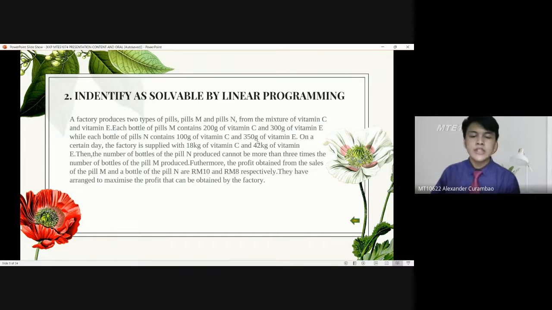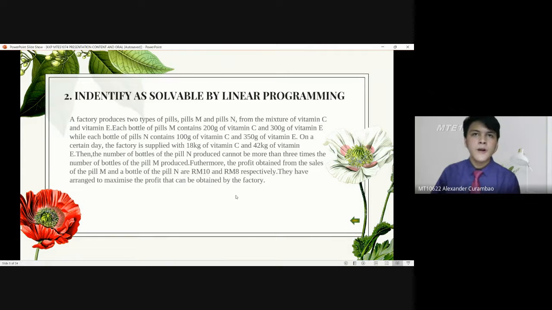So basically, there is a lot of mathematical modelling that comes from this text, but we cannot see it if we just look at it like this, but there are a lot of constraints here. In general, we can see that the factory wants to maximize the profit. So how can the factory maximize the profit?